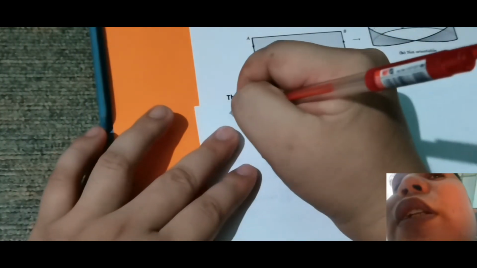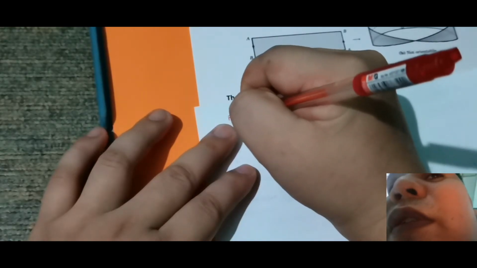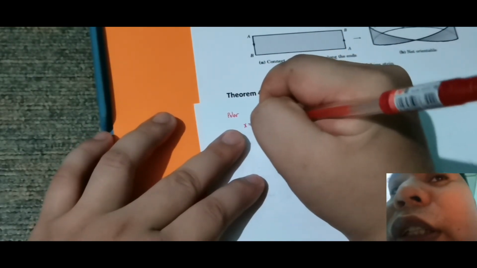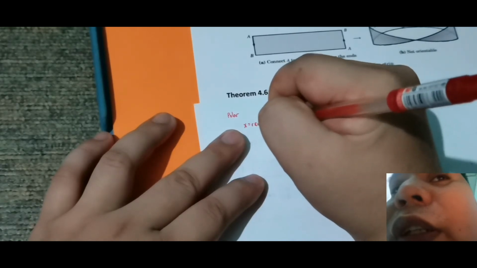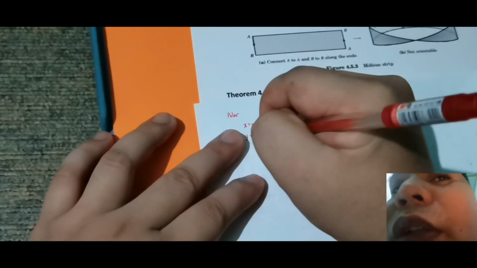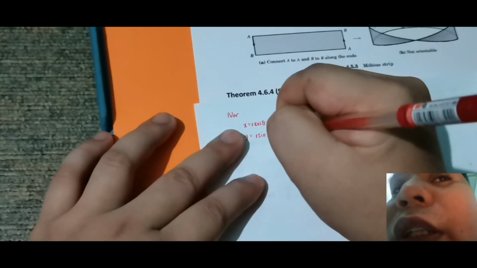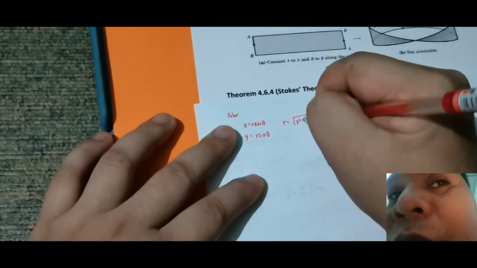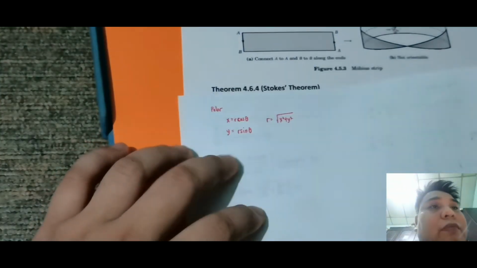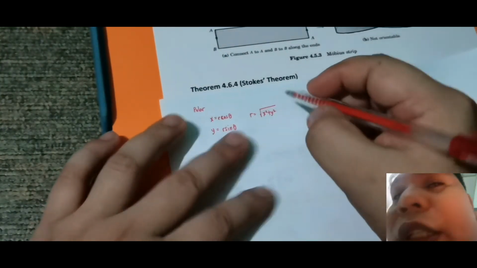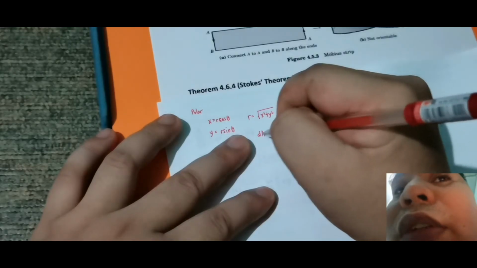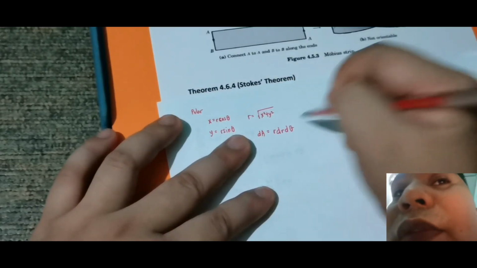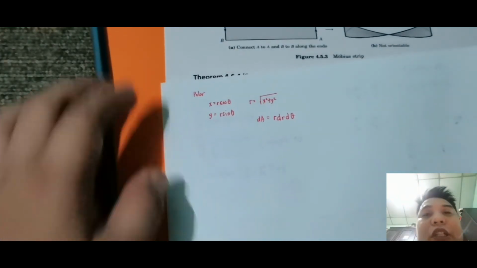Okay, so ang mangyayari sa polar coordinates, yung x natin doon is just equal sa r cosine theta. Yung y natin doon is r sine theta. So where r is just equal sa square root ng x squared plus y squared. Okay, then yung dA natin doon, yung elemental, is just r dr d theta.